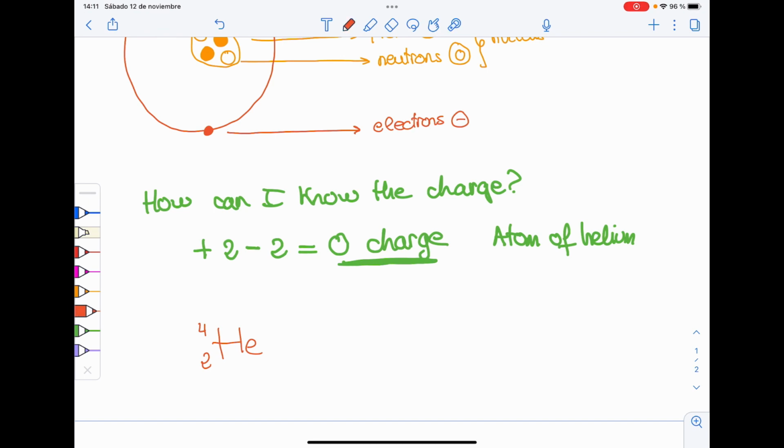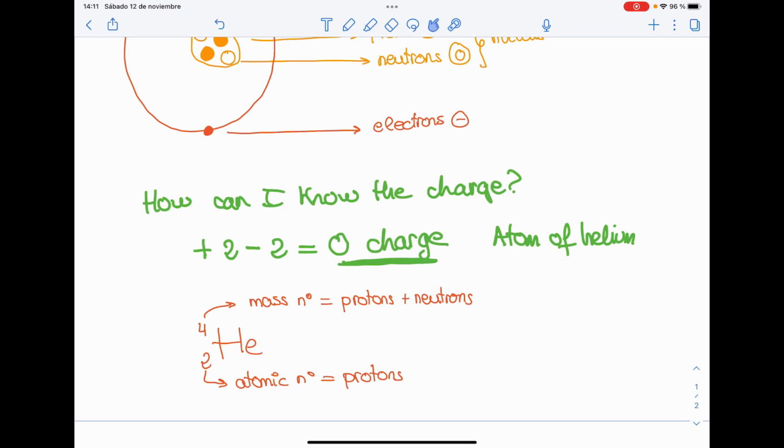So this number here is the mass number, and the mass number is when I add the number of protons and the number of neutrons. And this number here is the atomic number, which is only the number of protons.